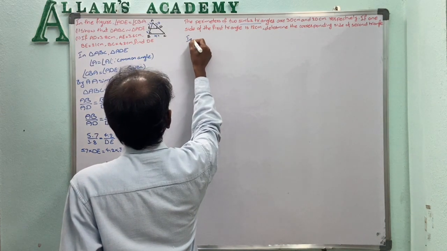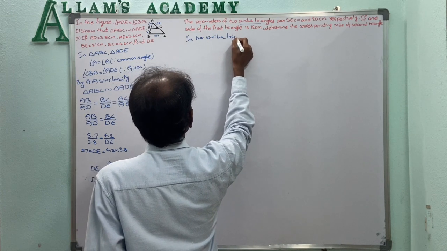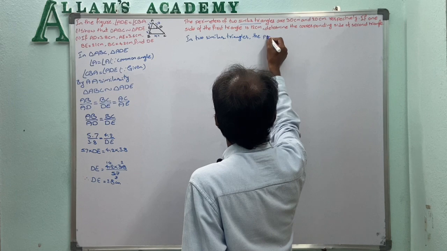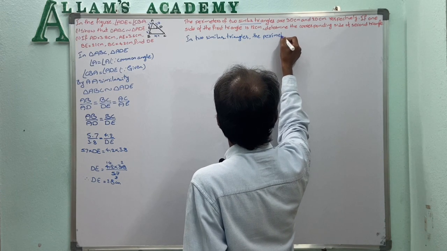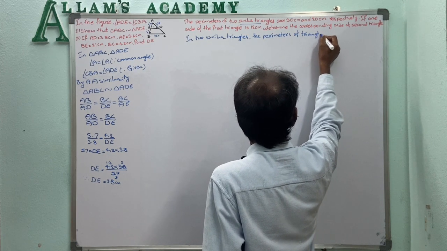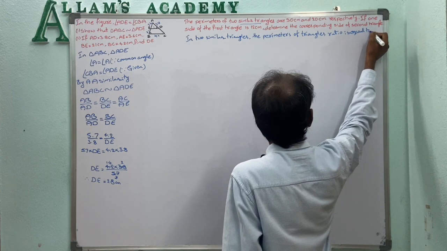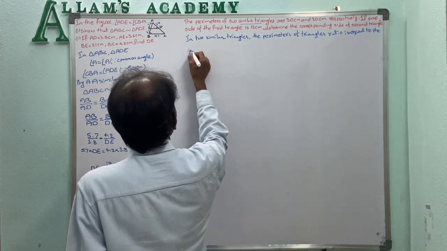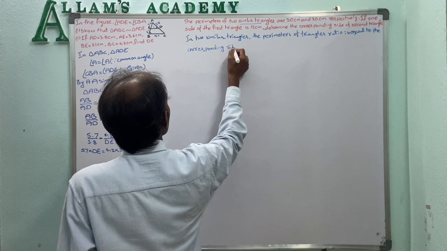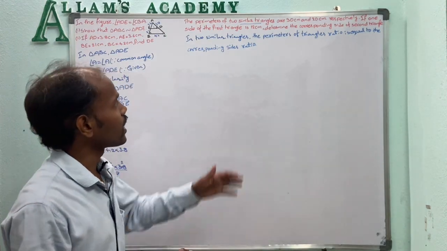In two similar triangles, the perimeters ratio is equal to the corresponding sides ratio.